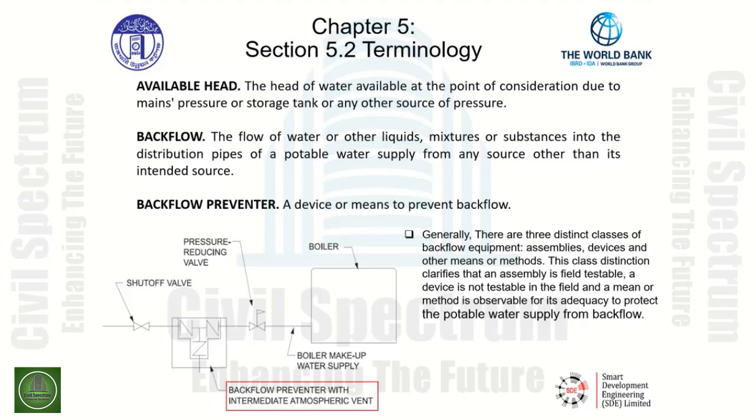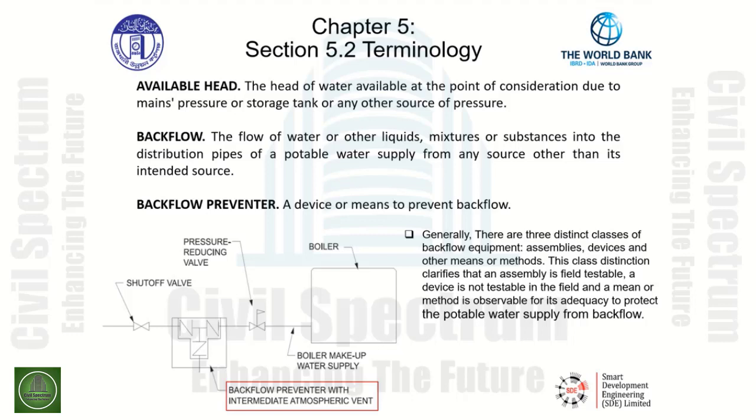And by definition, a backflow preventer is a device or means to prevent backflow. As seen below, consider a boiler. A boiler has a connection to the potable water supply called makeup water. As can be seen in the graphic here, we have a backflow preventer with an intermediate atmospheric vent.